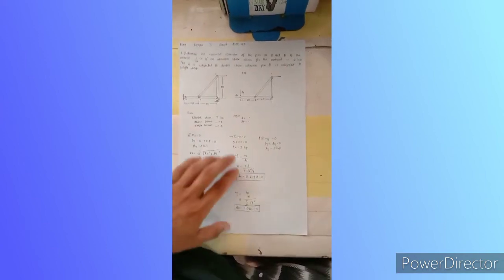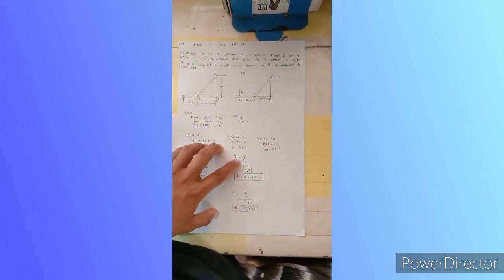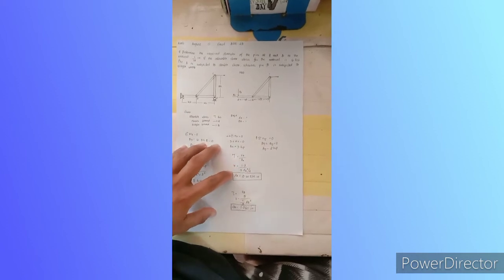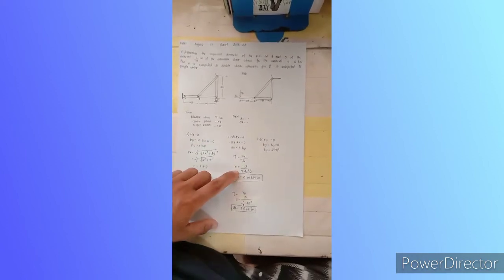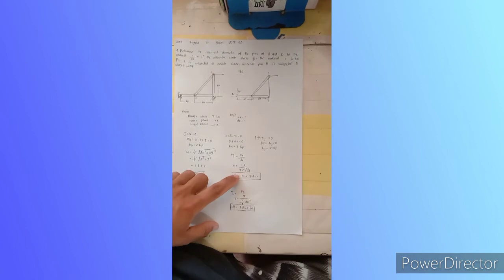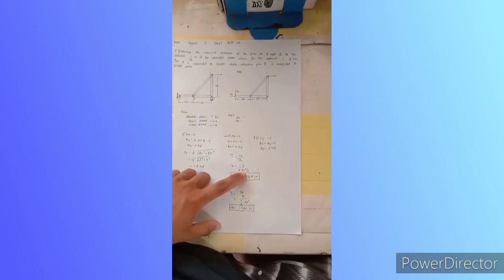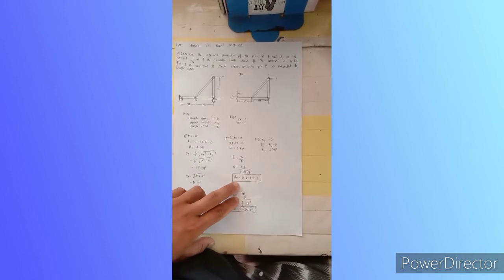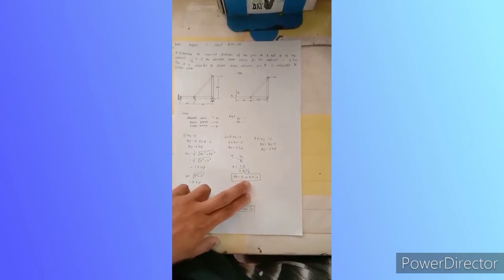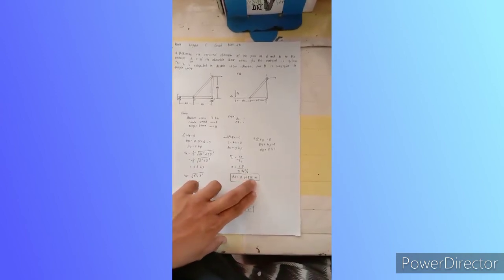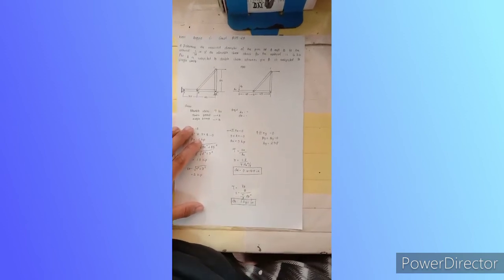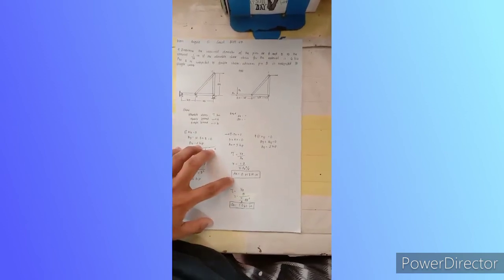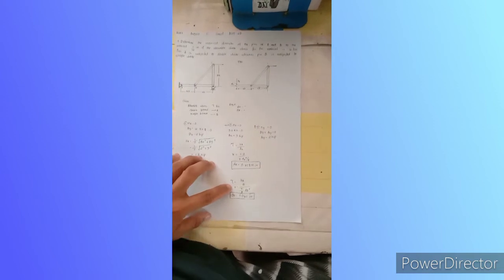So applying shear stress, shear stress is equals to BA all over AA. Pi is equals to 1.8 all over pi dA squared all over 4. So our dA is equals to 0.61814 inches. So meron na tayong dA.